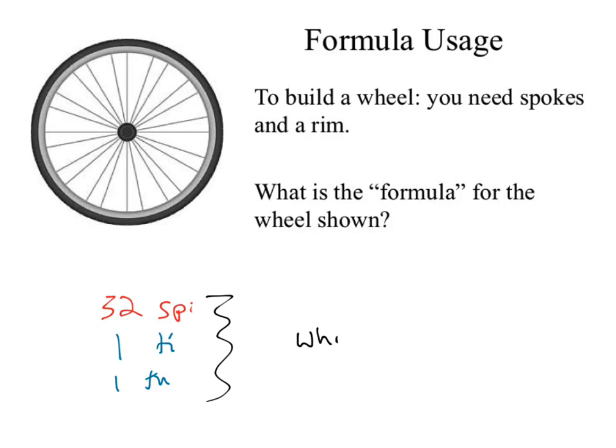So instead, I come up with the abbreviation for my formula, where it would be spokes, 32, tires, 1, tubes, 1, and I now have a chemical formula. That chemical formula is the recipe. It tells me what things go into that compound. Right? That's what it means. It is a chemical equation.